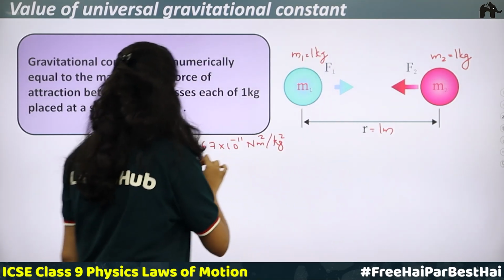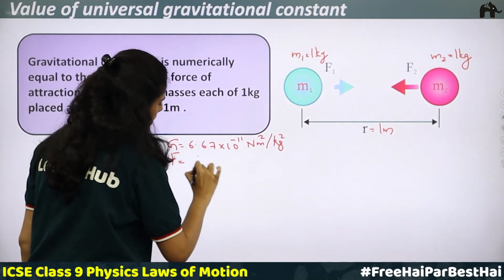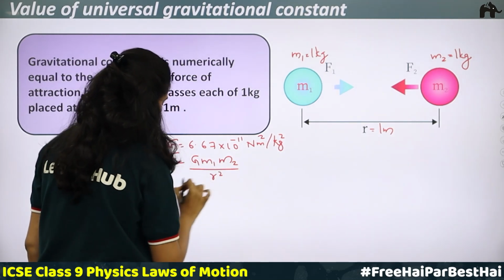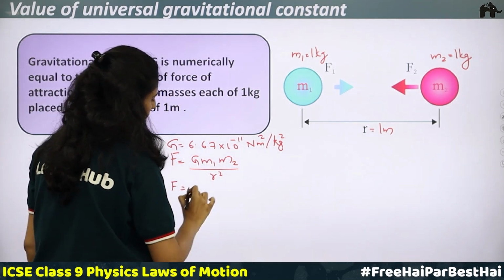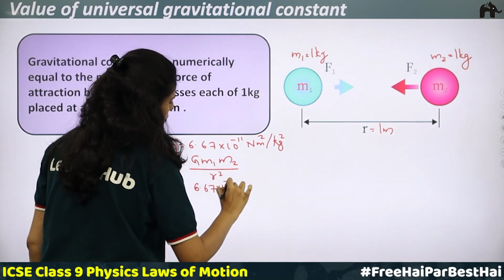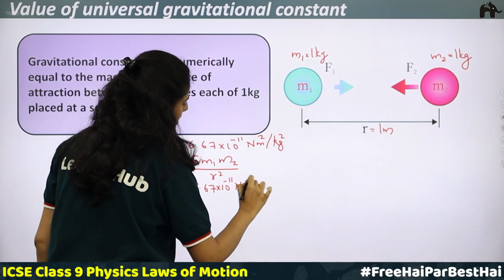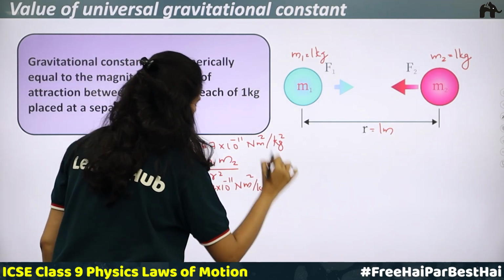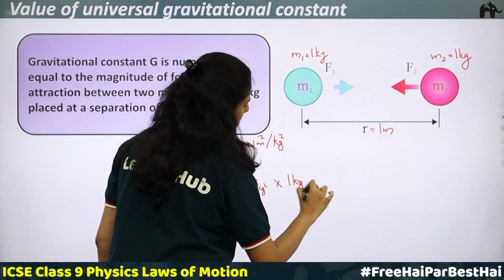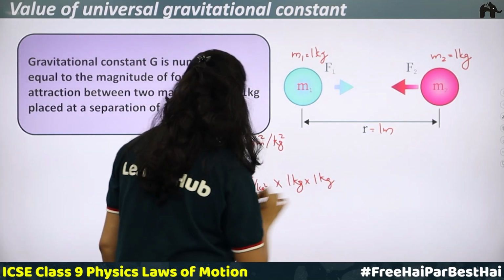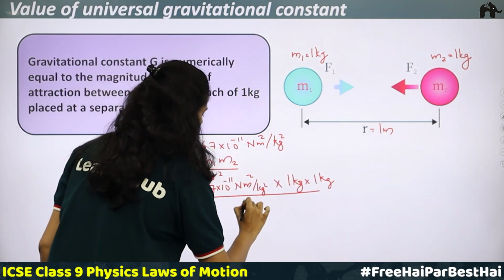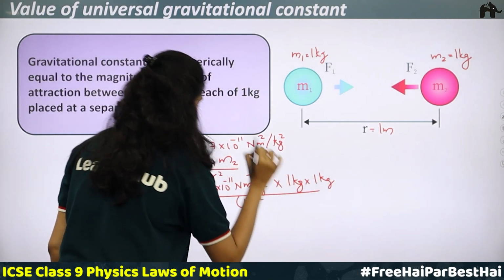So we have gravitational force F is equal to G M1 M2 divided by R square. Now put the values. F is equal to G, that is 6.67 into 10 raised to minus 11 Newton meter square per kilogram square. Then you have mass M1 1 kilogram, mass M2 1 kilogram divided by distance of separation 1 meter, so 1 meter whole square.